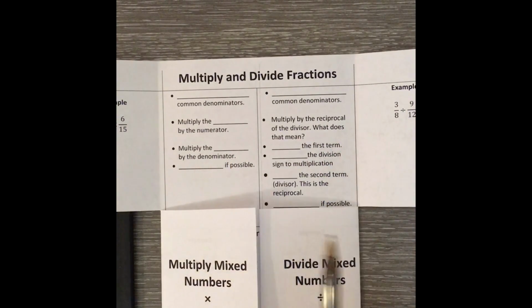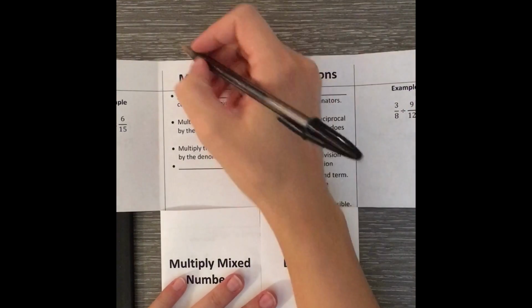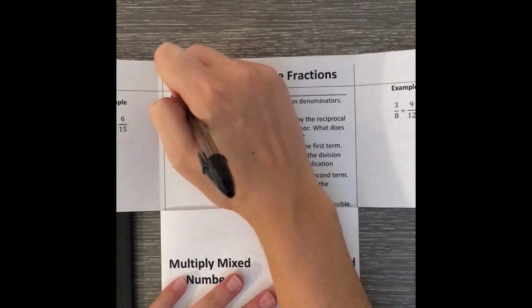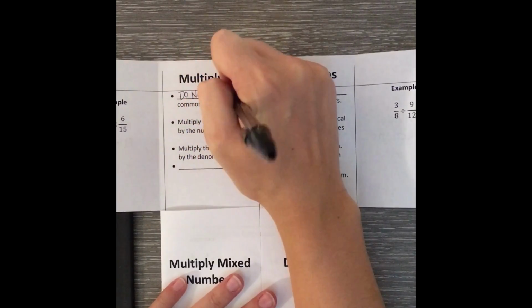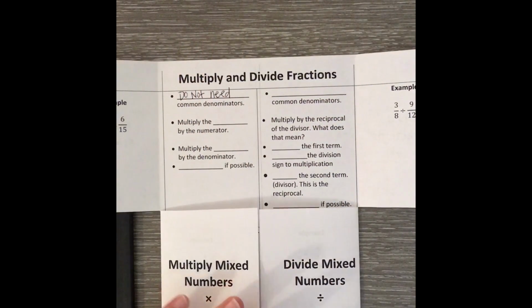So multiplying and dividing fractions, we do not need common denominators, okay? So we don't have to worry about common denominators like we do with adding and subtracting.